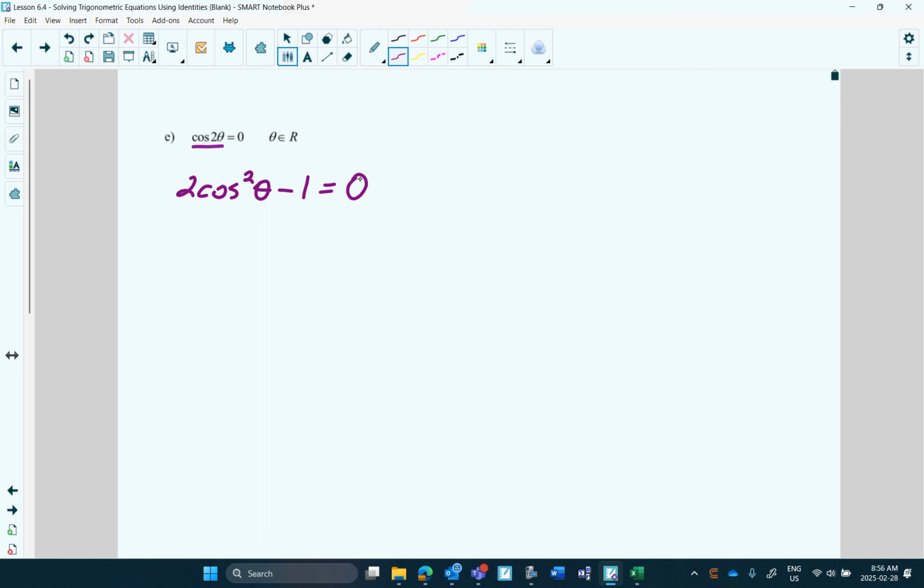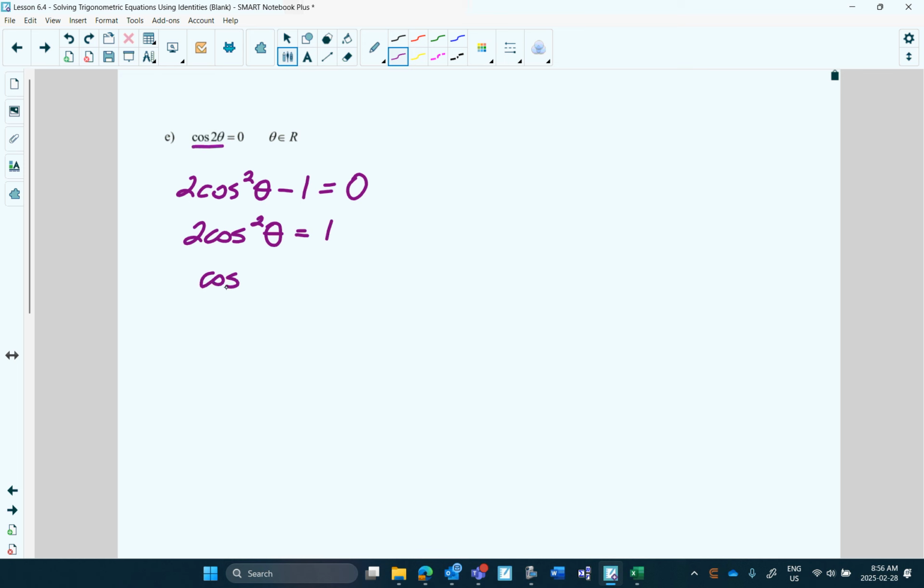This is not a factoring one, because it's not a difference of squares. It's not a trinomial, and you can't GCF it. Best you can do is get cos squared by itself. So with this one, you've got to move the 1 over, so it becomes +1.